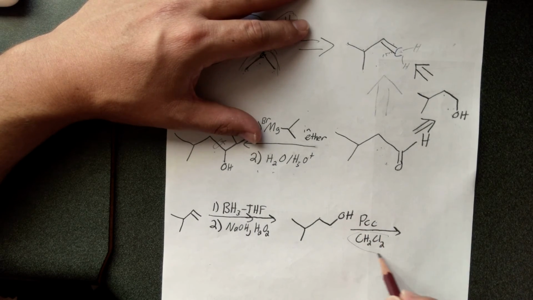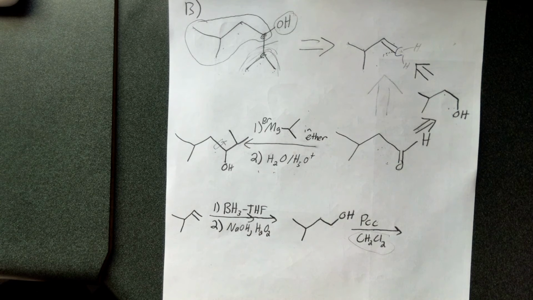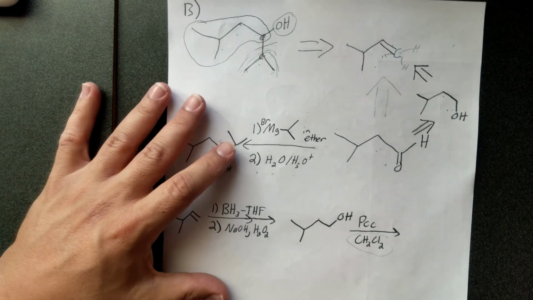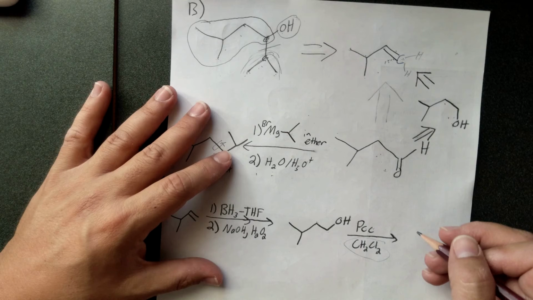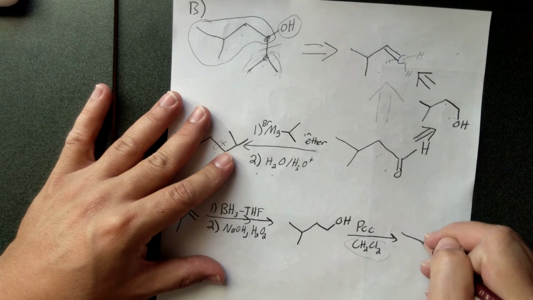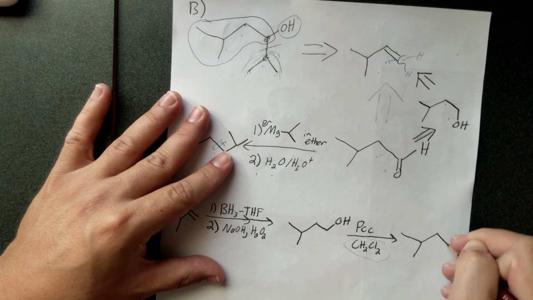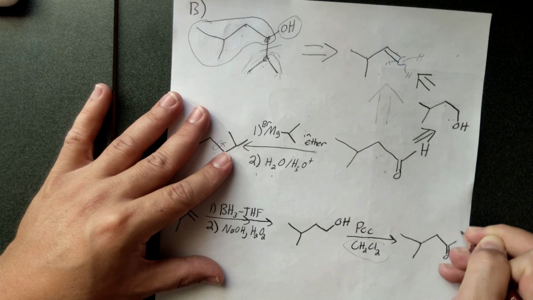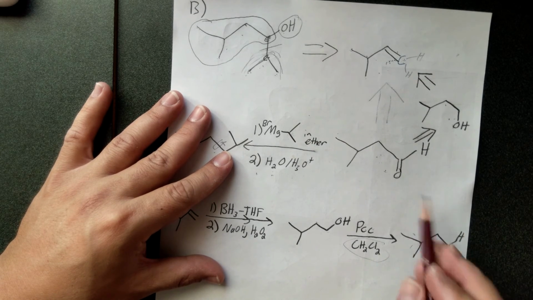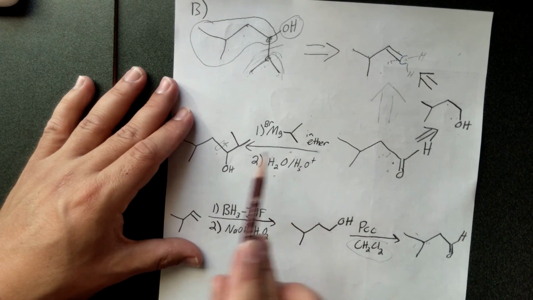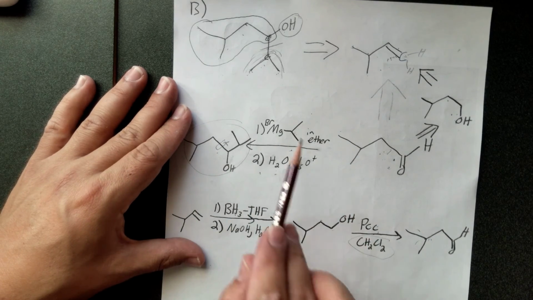You do need to place it into the methylene chloride or dichloromethane solvent. That is needed in the reagent list. At least I require it to be complete. And that would turn it into your aldehyde up here. And then this reaction turns it to the product. So that's it.